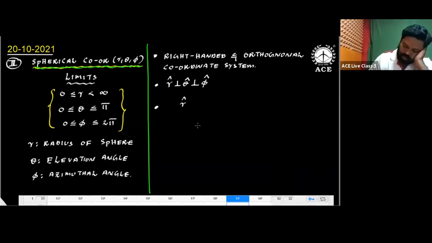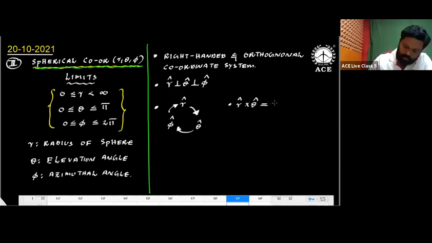Here it is r, here it is theta, here it is phi. These three are orthogonal set.